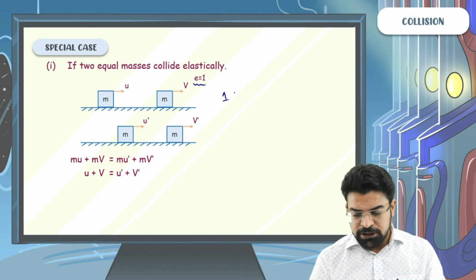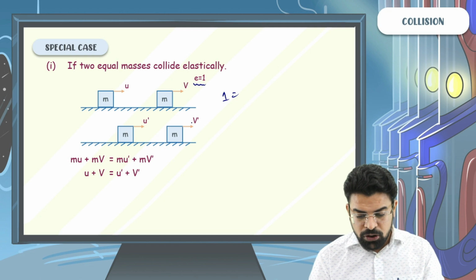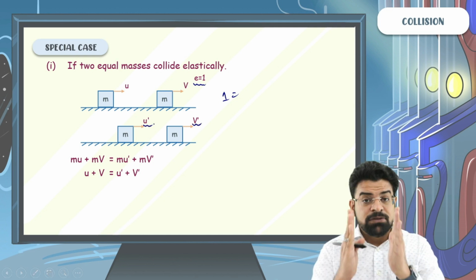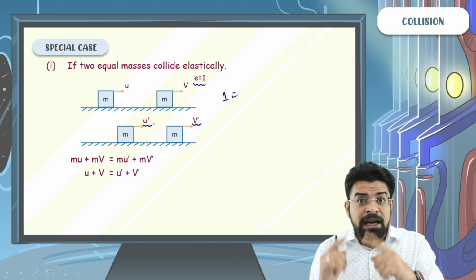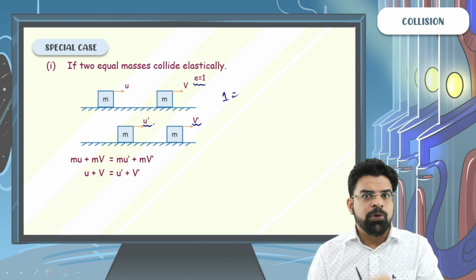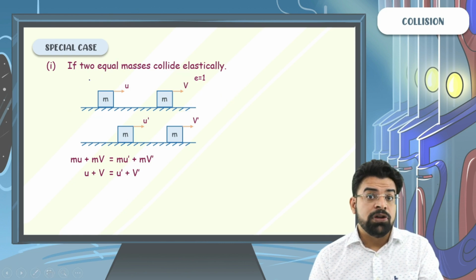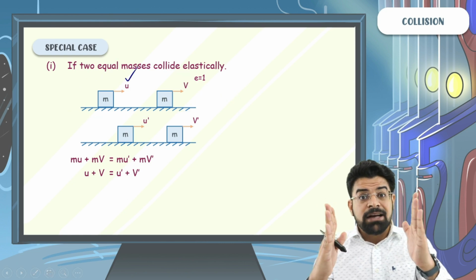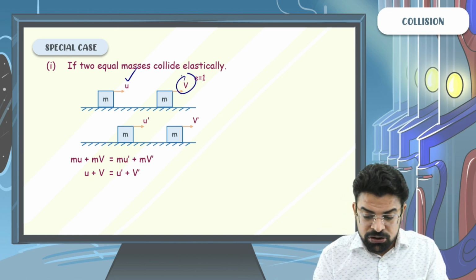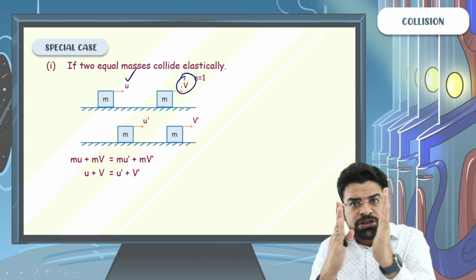So coefficient of restitution is velocity of separation upon velocity of approach. Velocity of separation will be v dash minus u dash, the rate at which the separation increases after the collision. Velocity of approach is the rate at which the separation decreases before the collision. This velocity u is trying to decrease the separation.